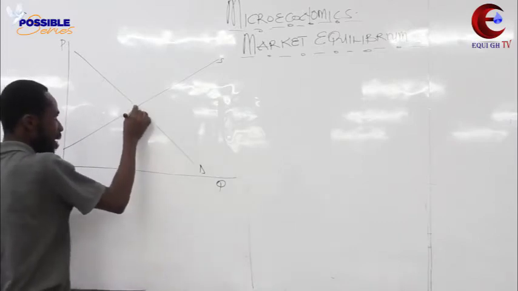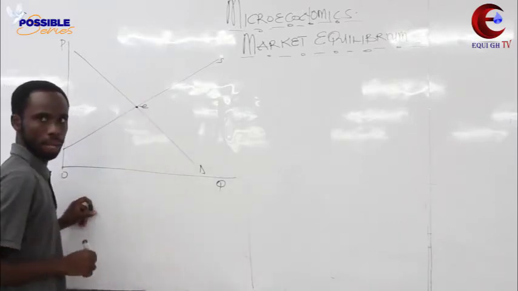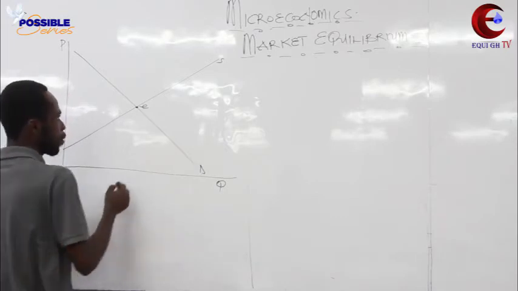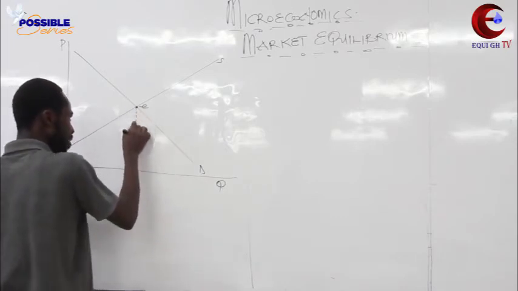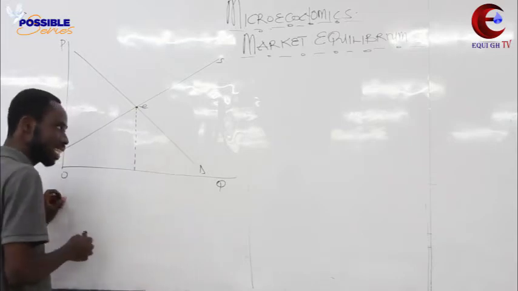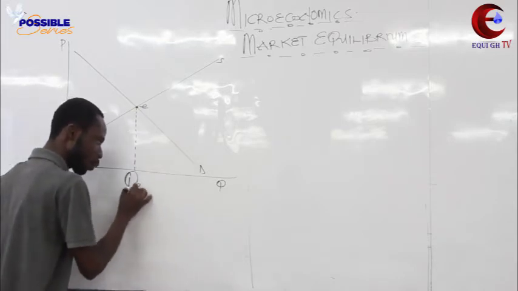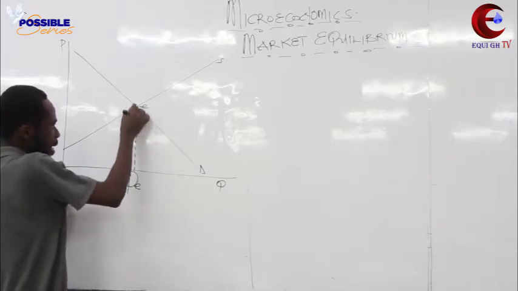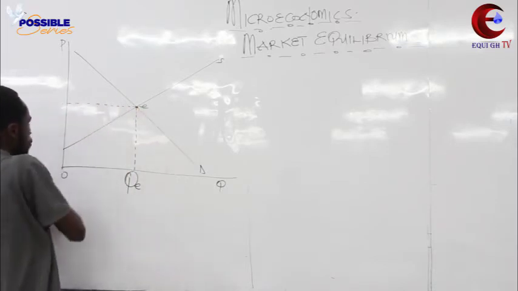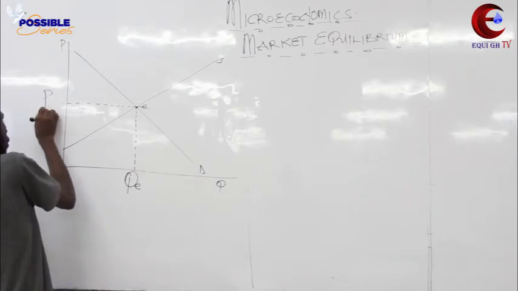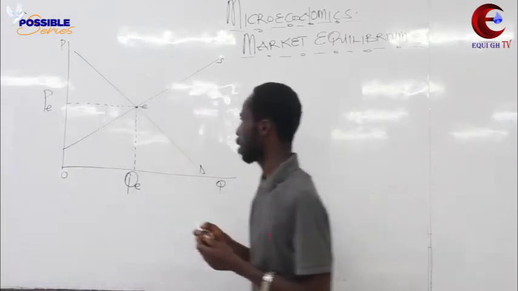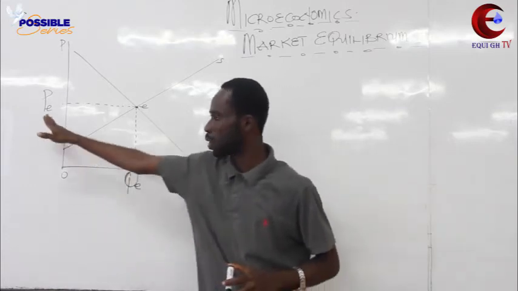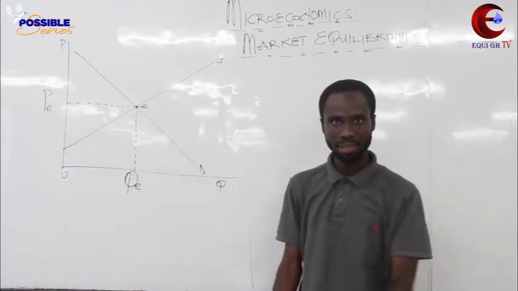So here is the equilibrium, or the market clearing point. When you trace here to the quantity line, we get what is called the equilibrium quantity. And when you trace here to the price line, you get what is called the equilibrium price. I hope it makes sense.